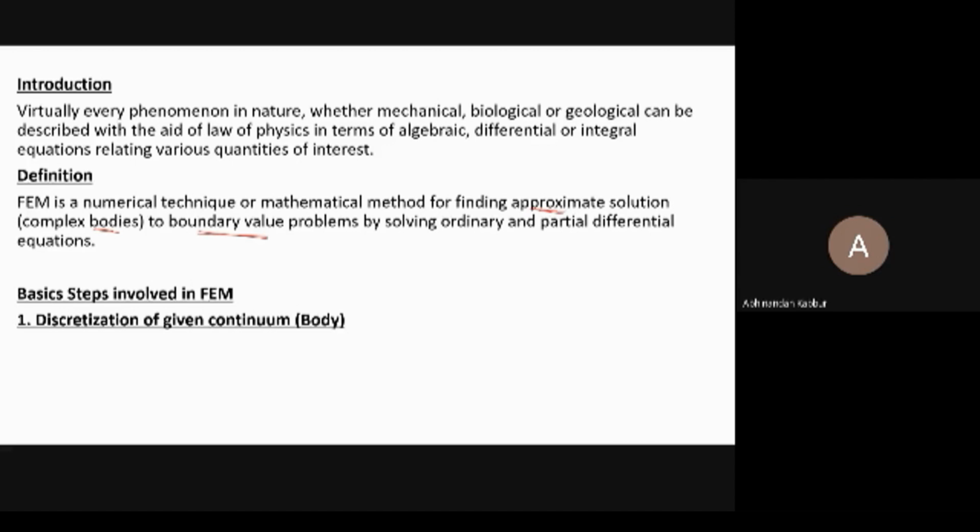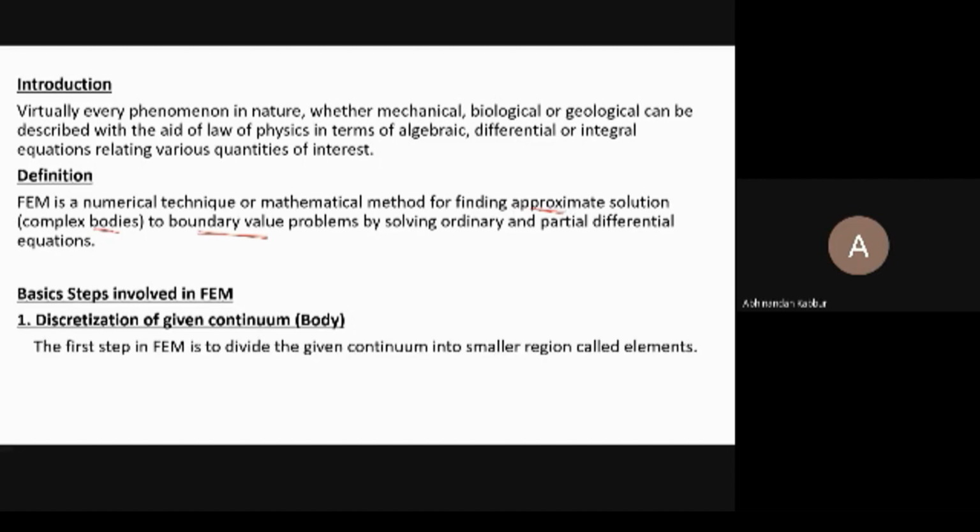Whatever other steps, they are sub-steps of any of these 6. So first one is discretization of the given continuum, where continuum is nothing but a body. Discretization is dividing the given body into smaller regions, and those smaller regions we are going to call an element.